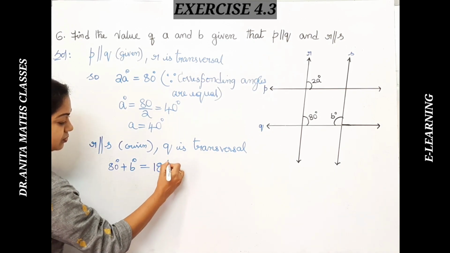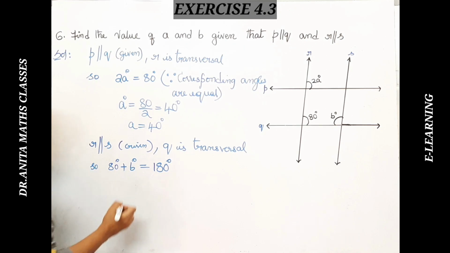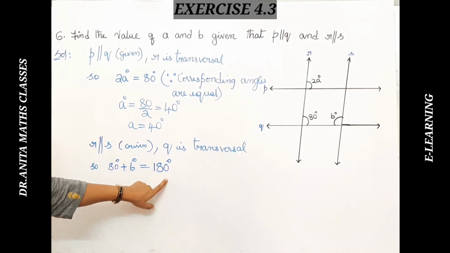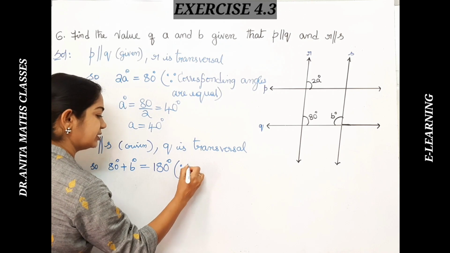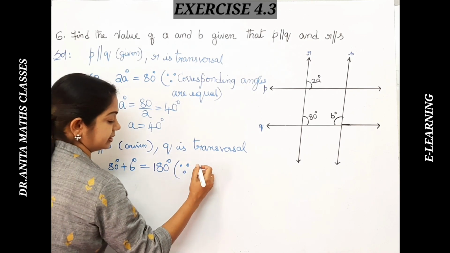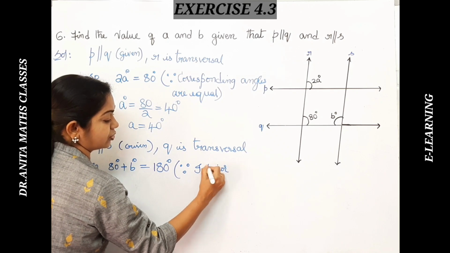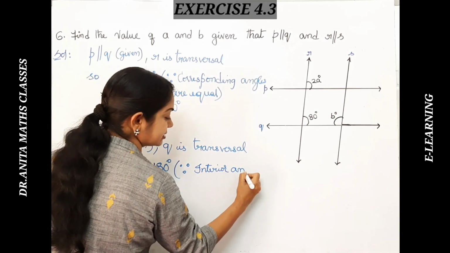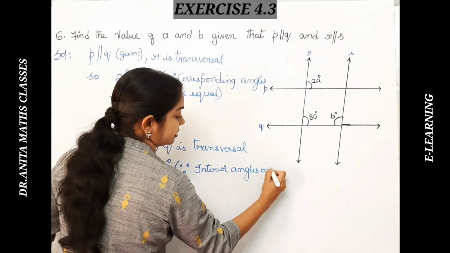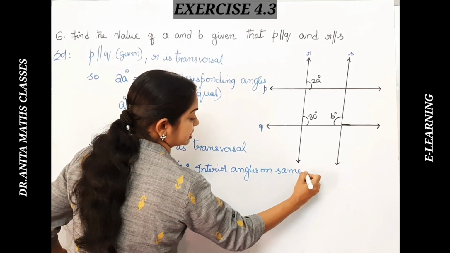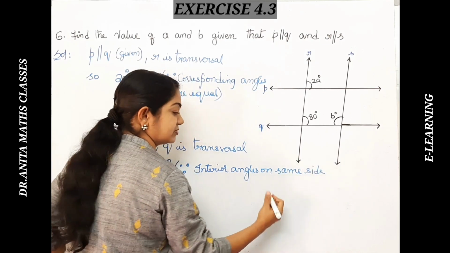So 80 degrees plus B degrees is equal to 180. You have to mention why they are 180. These are not alternate but interior angles on the same side of the transversal, which are supplementary.